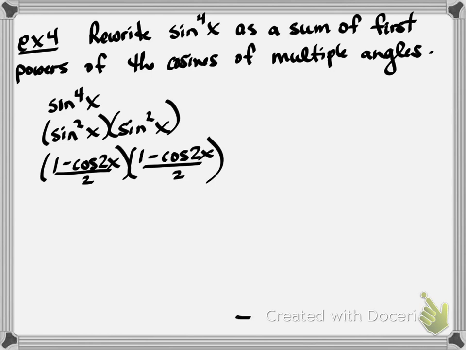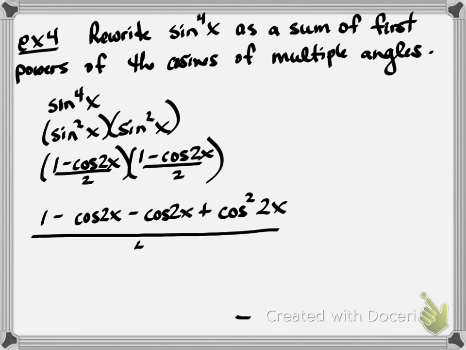All right, we get FOIL across the top. It'd be 1 minus cosine 2x for outer, minus cosine 2x for inner, plus cosine squared 2x for last. All over the denominator times the denominator would be a 4.